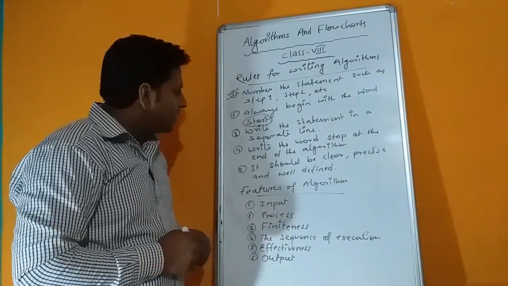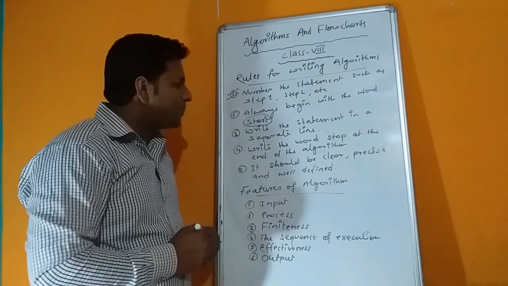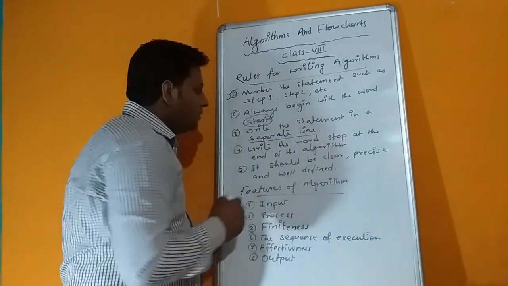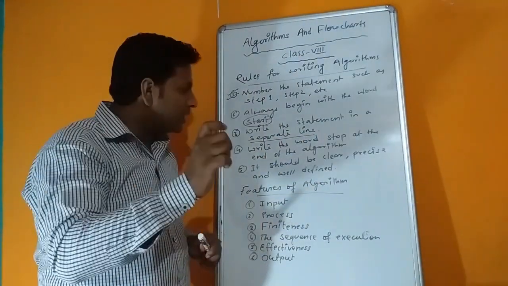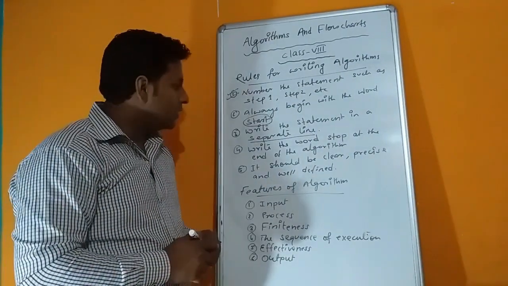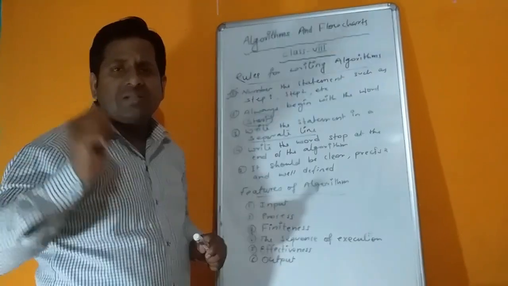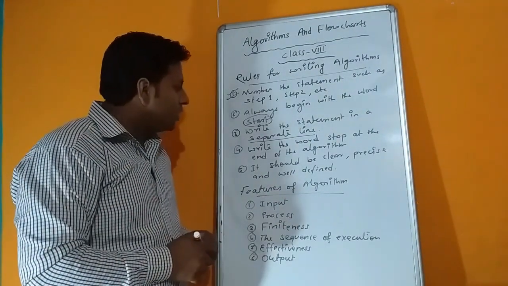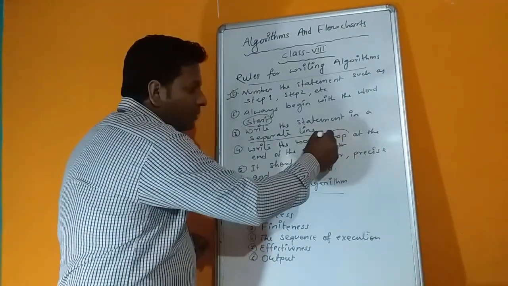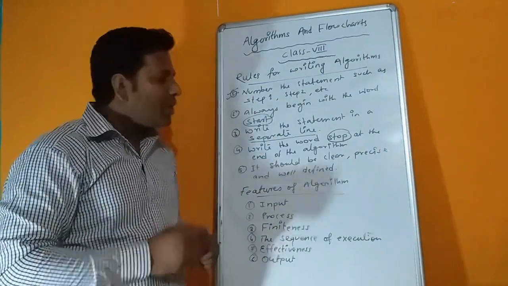And third, you have to write each statement in a separate line. It is not that you can write in a paragraph. Each statement should be written in a separate line. And fourth, write the word stop at the end, when your algorithm finishes.